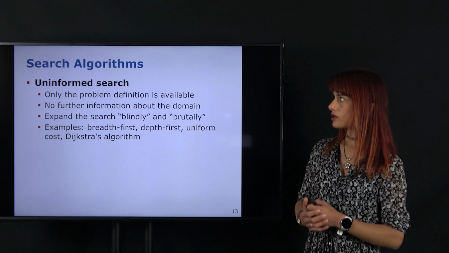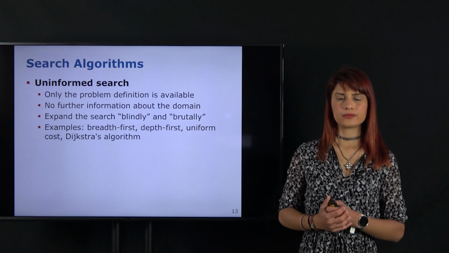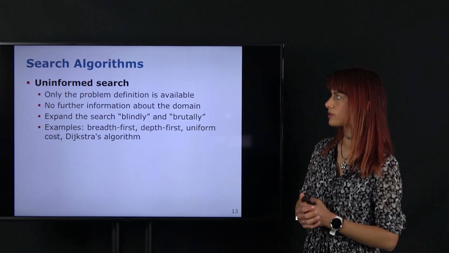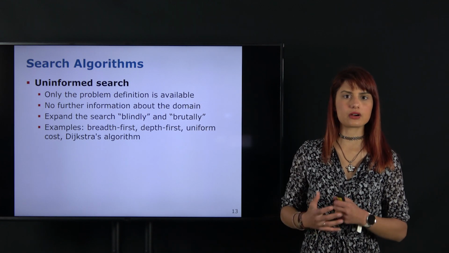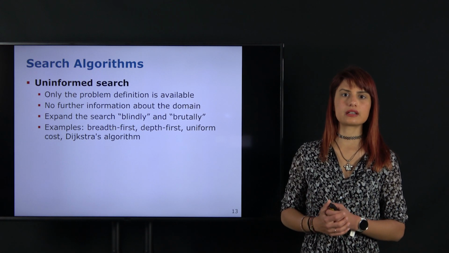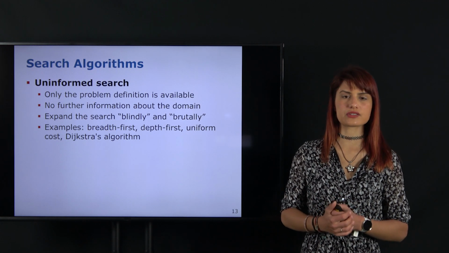So we consider two different types of search algorithms in this lecture. The first is uninformed search. This is simply when we only have the problem definition available when we apply our rules for expansion. So we don't use any additional information or so-called heuristics in order to guide our search.